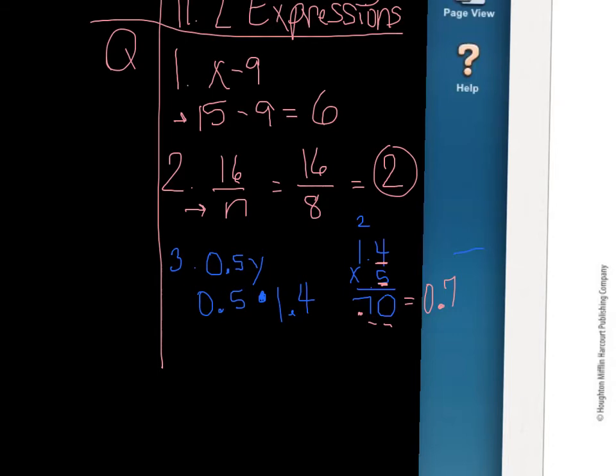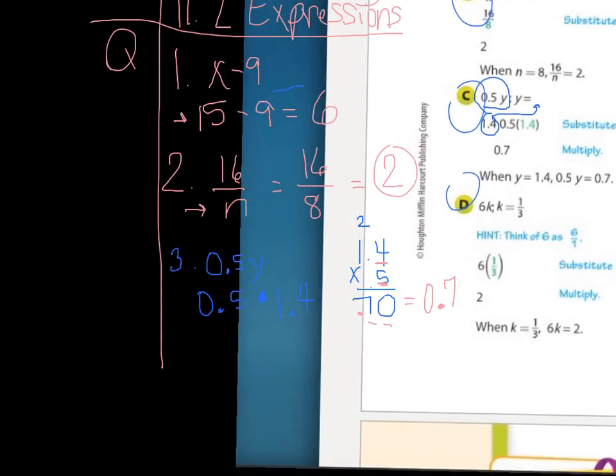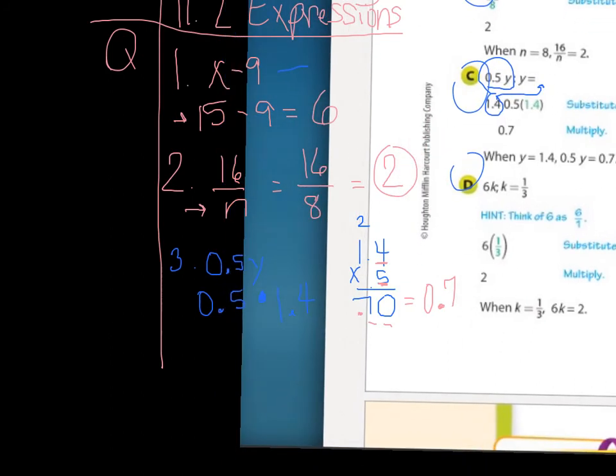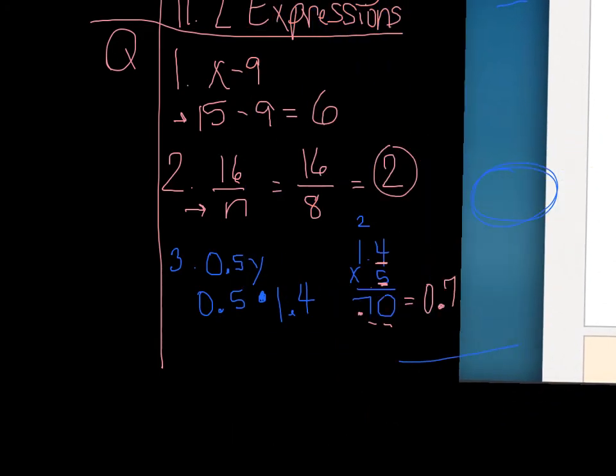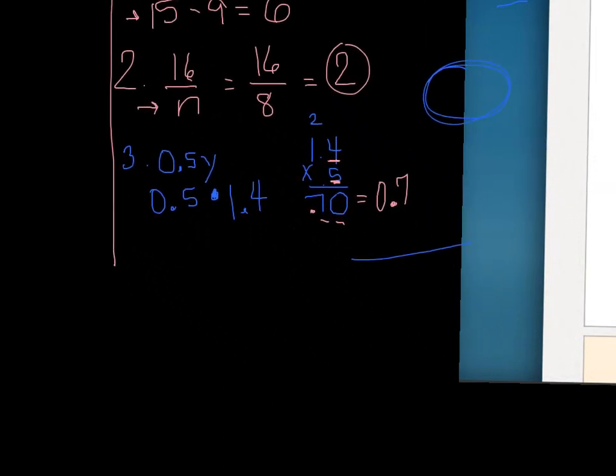All right, for number 4, let's look at it. It's D, right? 6k, and it tells you that k equals 1/3. So I'm going to put number 4: 6k, and then k is 1/3.